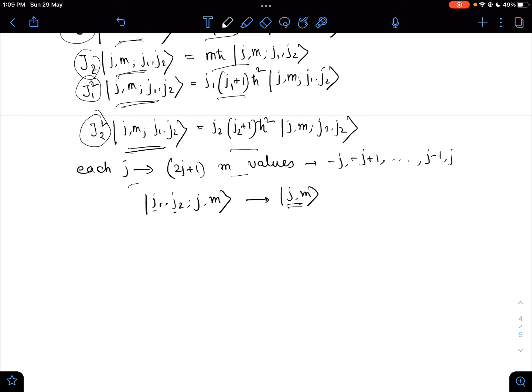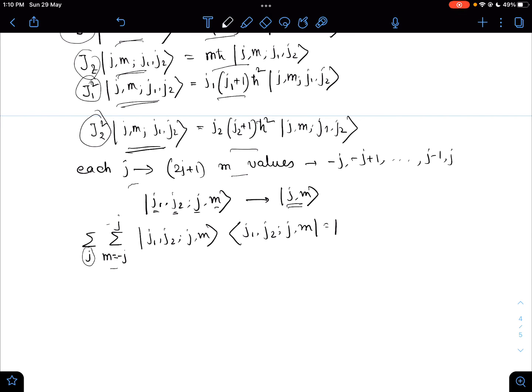So what will be the completeness condition? First we have the summation over M that runs from minus J to J, and then the summation over J, because only J1 and J2 are fixed. So |J, M> can have any values. For each J we will have 2J+1 M values, and for completeness we have the sum of |J1, J2, J, M><J1, J2, J, M|, which should be 1.